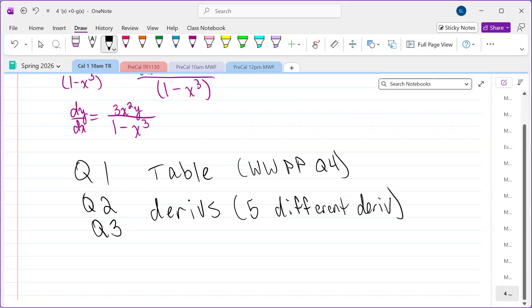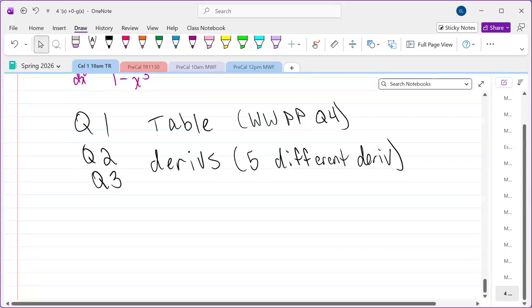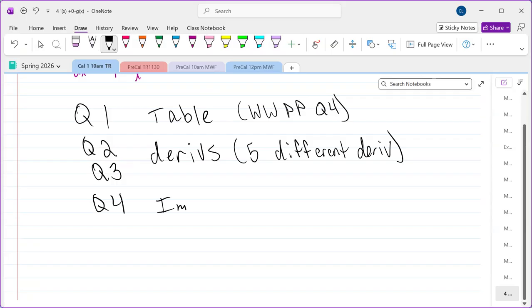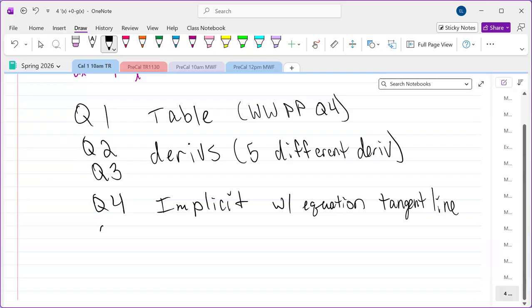And there'll be some product rule, some quotient rule, some chain rule, trig stuff, natural logs, e to the x's, like it's all the jumble crazy mix that you see in most of the practice problems. Question 4 is going to be implicit, with finding the equation of the tangent line. And then question 5 was the velocity and acceleration.